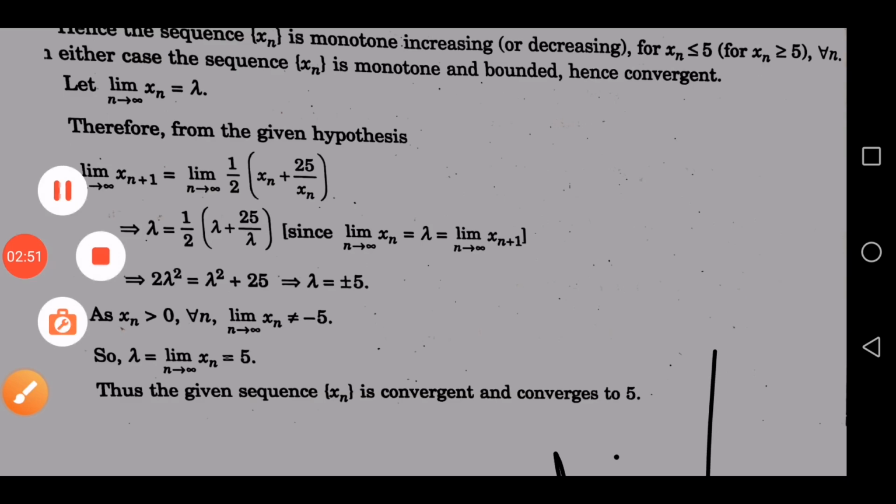Taking limit both sides, limit n tending to infinity, and dividing numerator and denominator by n cube, we have limit of the expression: 3 will come from this factor, and this factor, and the denominator will become 1. So 3 into 3 into 3 will give us 27. So we are getting limit of x_{n+1} by x_n is equal to 27.